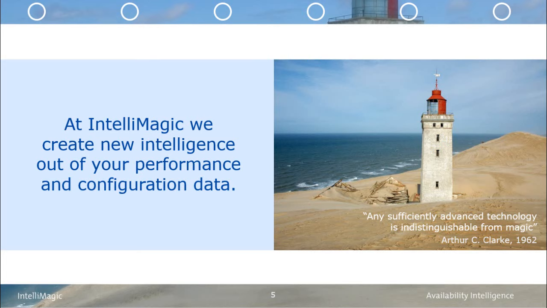And Bert and I and Anthony, we're a part of a team of about 70 people now, and that focuses really on this issue of creating new intelligence out of the performance and configuration data, so that it serves as kind of a beacon of what's important to look at, where are the dangers that are hidden under the surface, and how do you navigate with this better intelligence about where you're at, where you need to go, and how to avoid these issues.